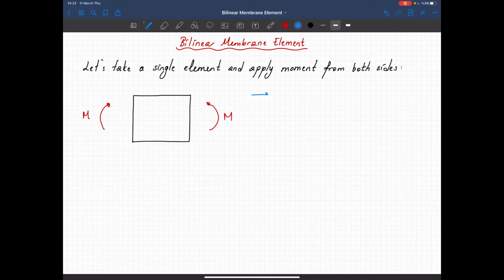With these two moments, we are just inducing a symmetrical bending mode, right? Like the beam element obtained with the general interpolation functions.